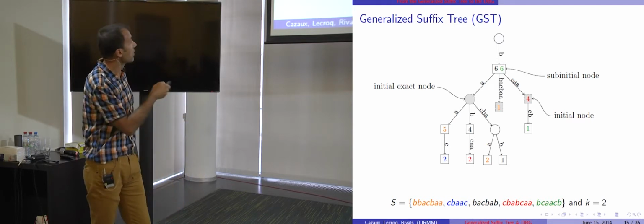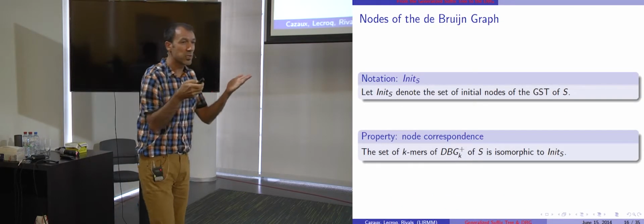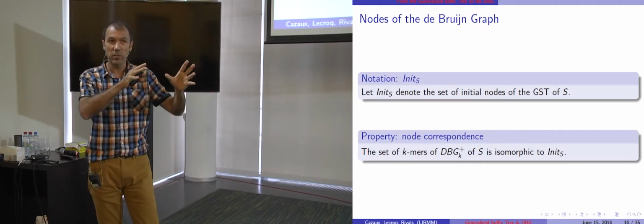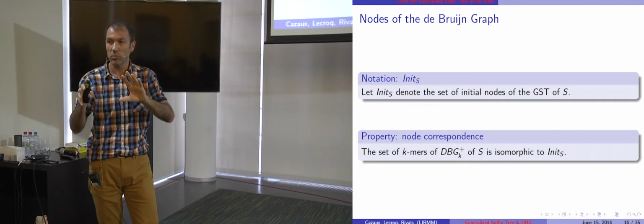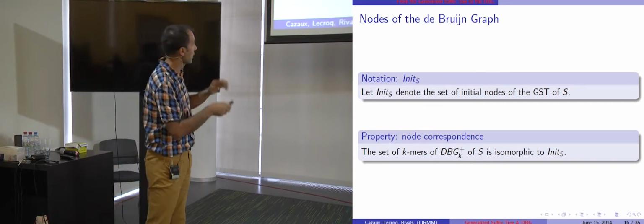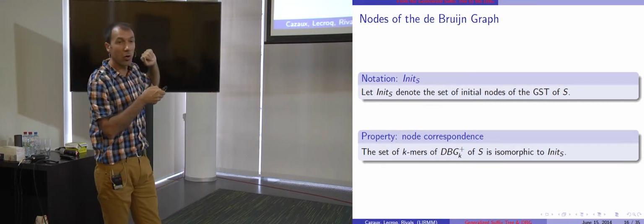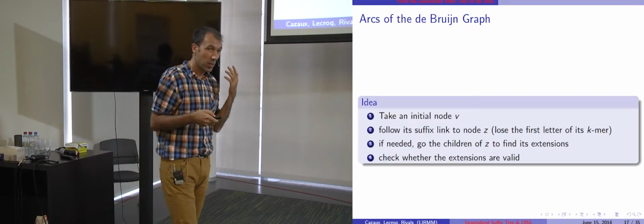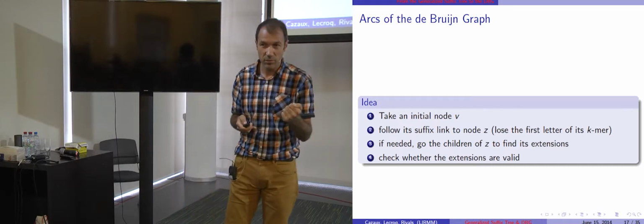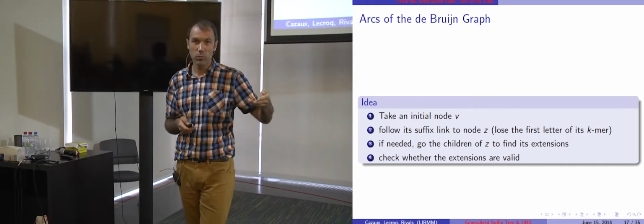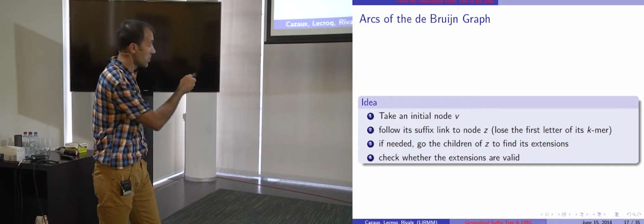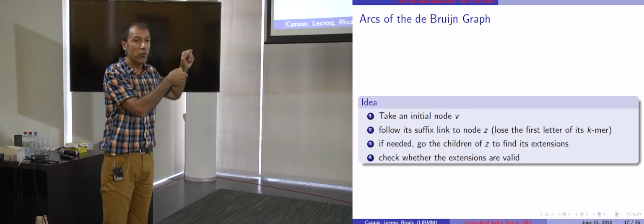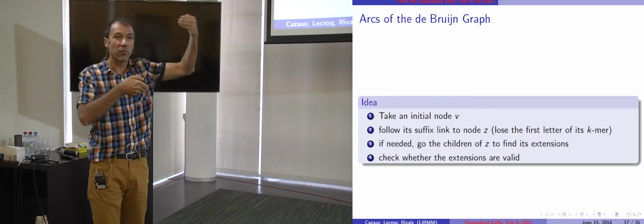Okay? So obviously, we can get an isomorphism between this set of initial nodes and the k-mers we want to represent in the de Bruijn graph. So we could replace one by the other. So this gives us the nodes of the de Bruijn graph. Now, how do we get the edges? We have suffix links in the suffix tree, and that will help us compute the edges. So if you take an initial node, basically, if you follow the suffix link, you will lose the first symbol.